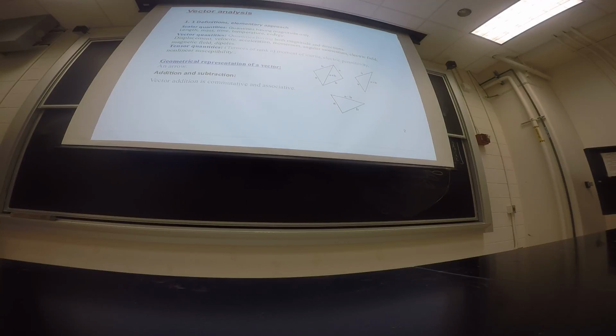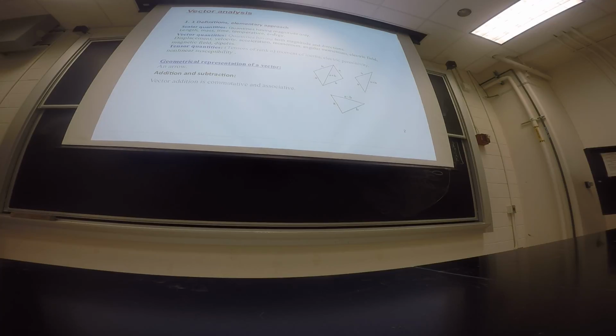It's going to look like f of xx, f of yy, f of zz, f of xy, f of xz, f of yz, and so forth, right? So that is f of ij. And that's what we call a tensor quantity.